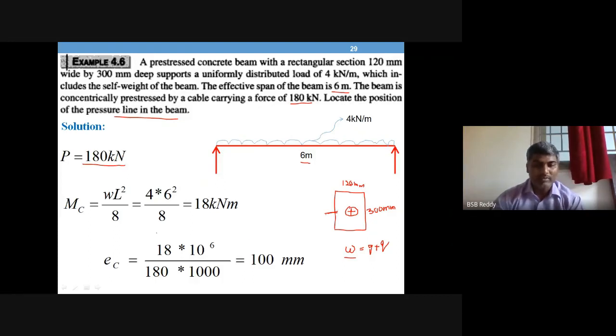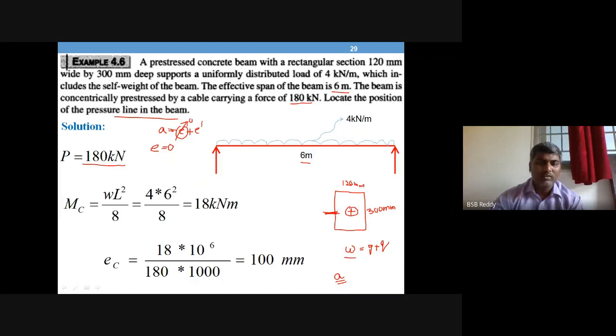Okay, right. So let us calculate the M by P values. They will give you the lever arm values, which are called A values. Here the eccentricity E is equal to 0, because it is a concentric tendon, so A is equal to E plus E dash, from the earlier discussion, where E is equal to 0 now.